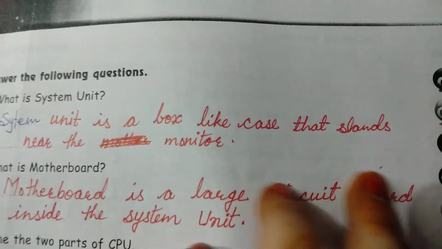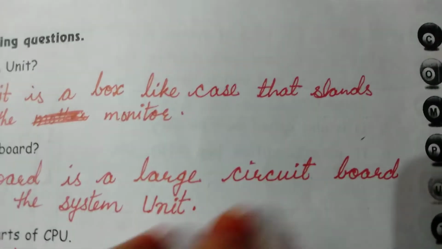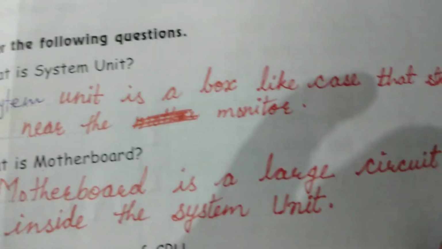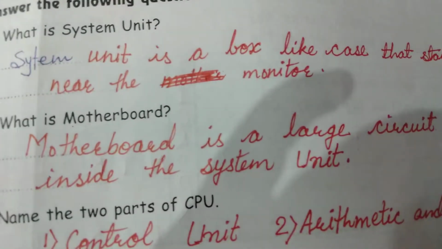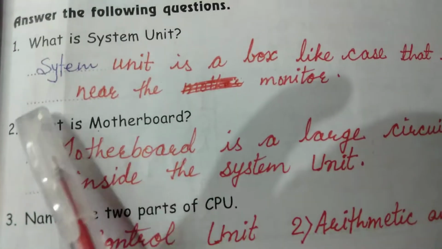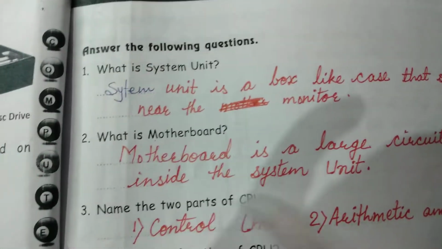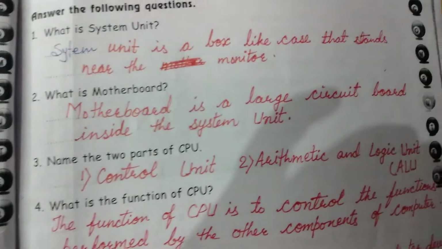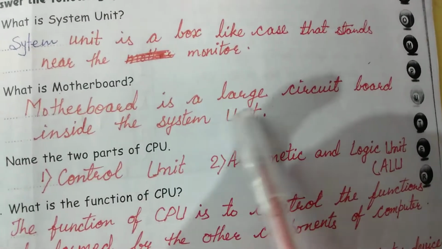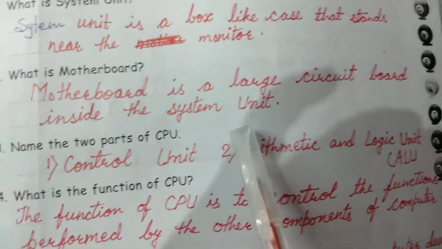This is our question and answer. What is a system unit? A system unit is a box-like case that stands near the monitor. Next, what is a motherboard? A motherboard is a large circuit board inside the system unit.